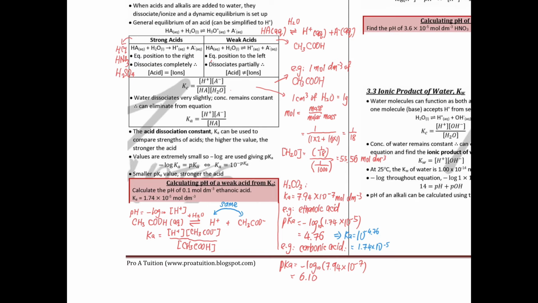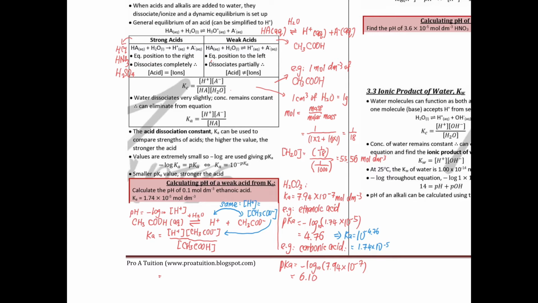Because they are the same, you can just assume the concentration of H plus is equal to the concentration of CH3COO minus. You apply it to the numerator here, so the concentration of CH3COO minus can be replaced by H plus instead.